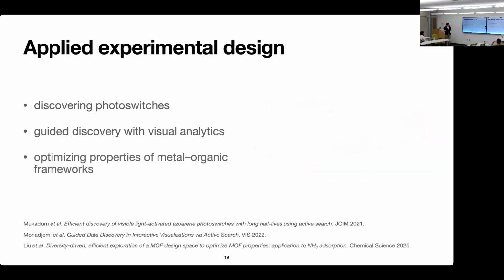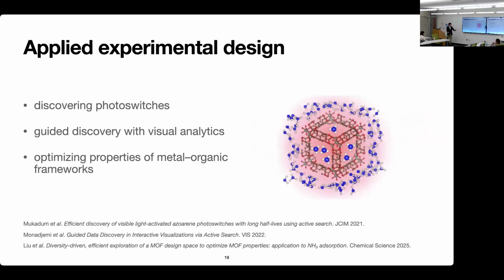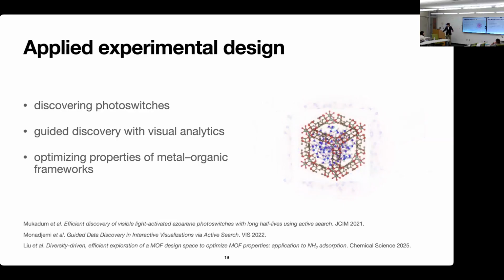For the last one, recently we worked with some domain scientists to optimize for the properties of metal-organic frameworks, or MOFs, which are these very interesting materials that can absorb toxins in the air and keep them inside their molecular structures. So as you can imagine, this has a lot of application in environmental settings.